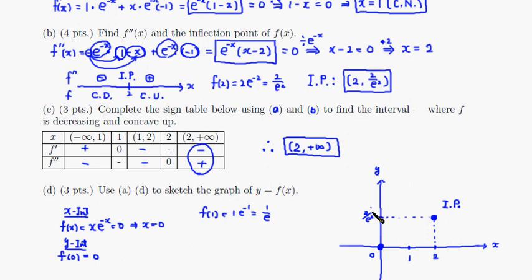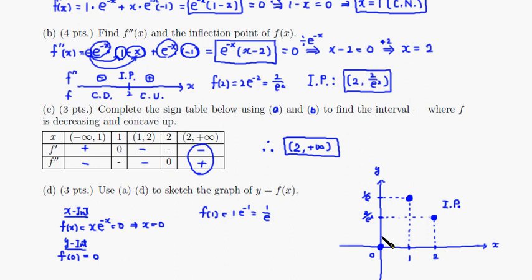So 1 over e is slightly larger than 2 over e squared, so I'm going to just put it somewhere around here. So this is going to be the point at the critical number.